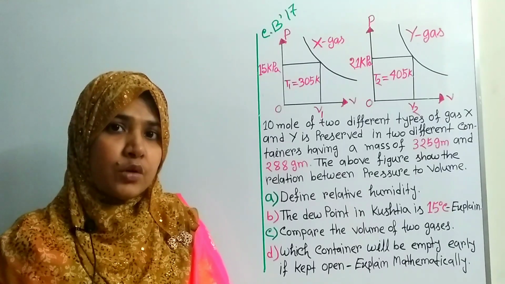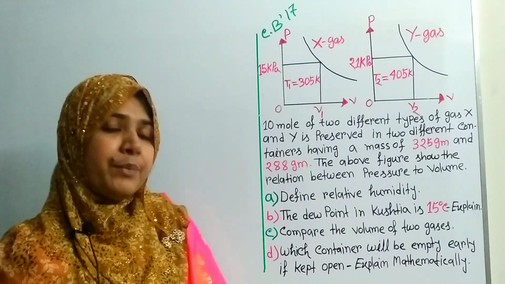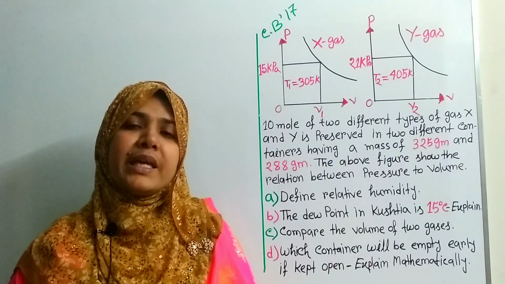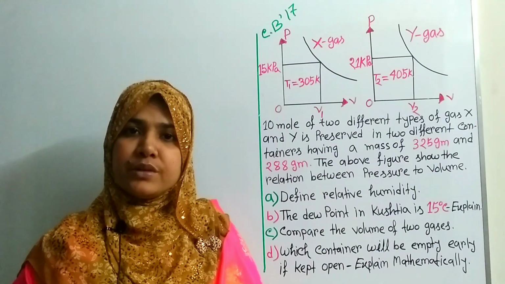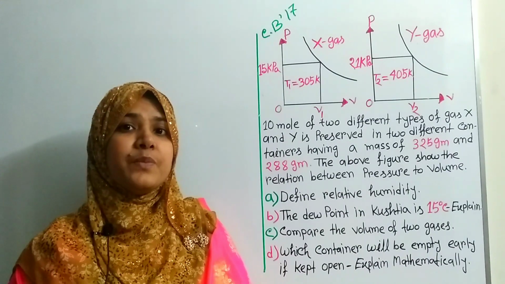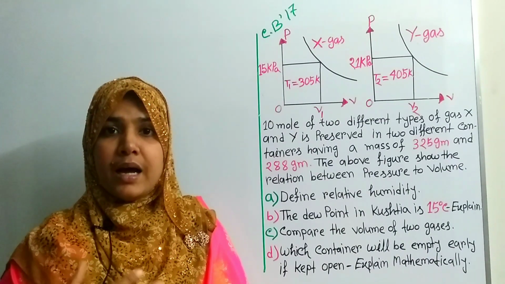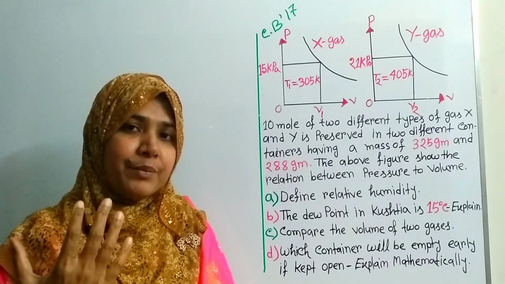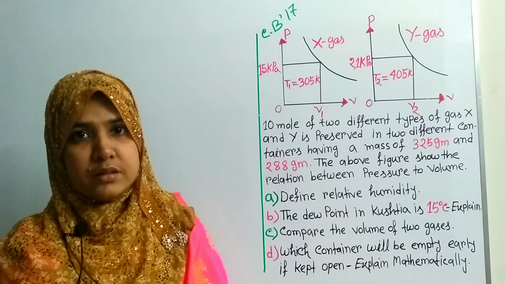Question D. The question is, which container will be empty early if kept open? Explain mathematically. You know that if we keep open a gas container, then due to diffusion, the gas will spread in the environment. So, we can easily calculate which container will be empty earlier if we know the value of diffusion of two containers.